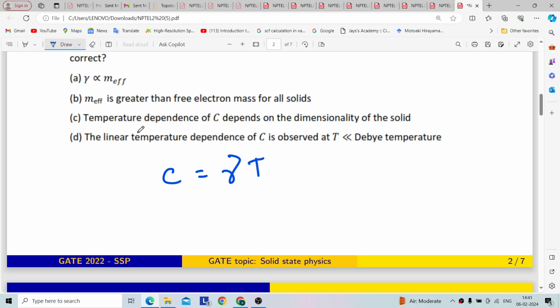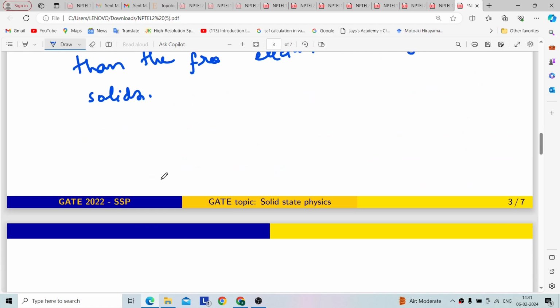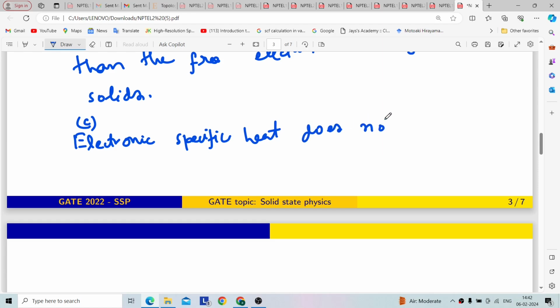Now coming to C. C is telling that temperature dependence of C depends on the dimensionality of the solid. For C also I can make a comment that electronic specific heat does not depend on dimensionality.